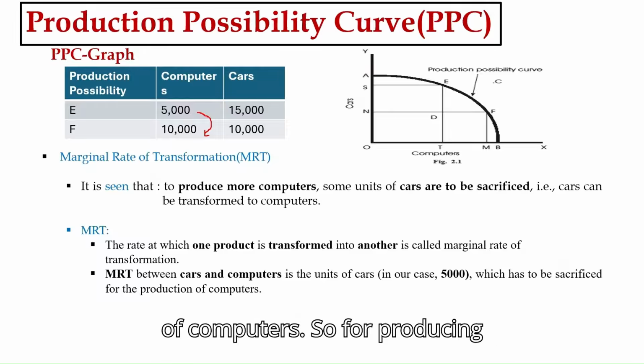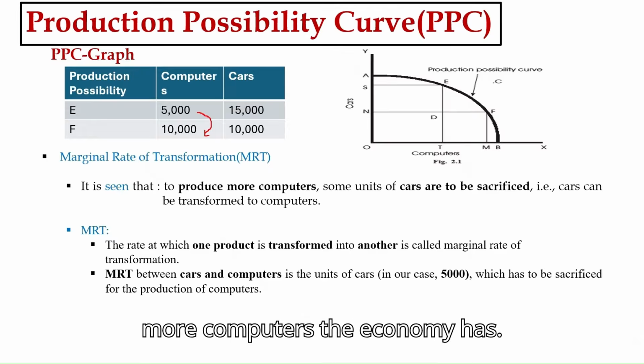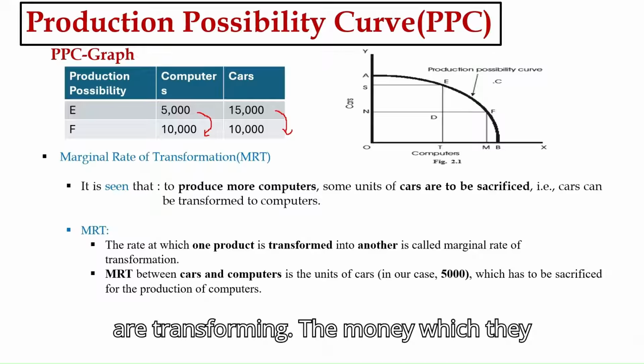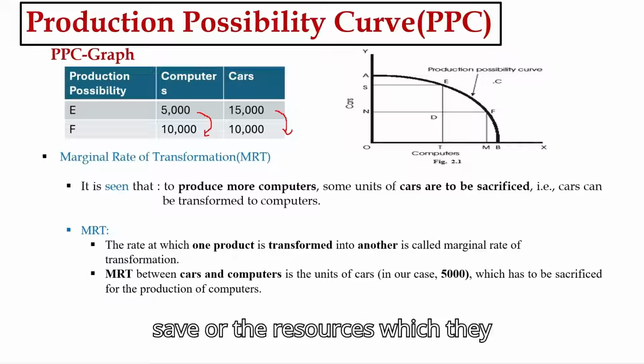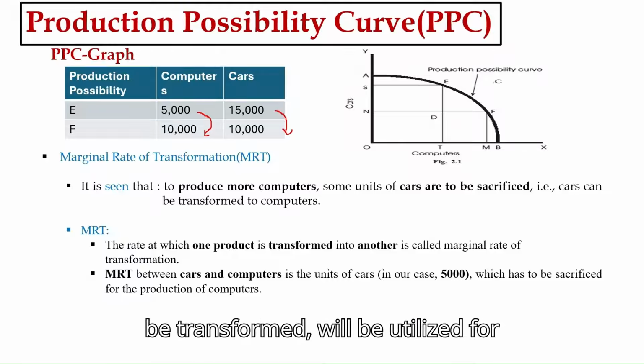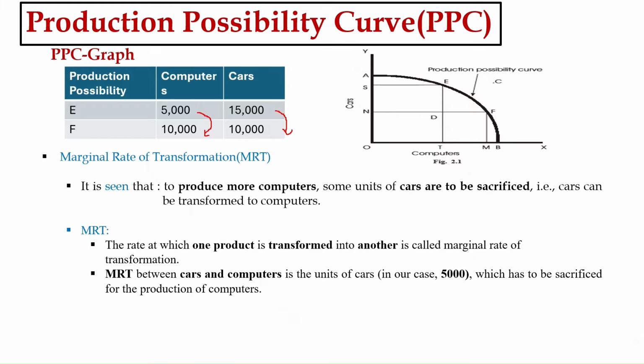So for producing more computers, the economy has to decrease the production of cars. They are transforming the resources which they save by producing fewer cars and utilizing them for producing more computers.